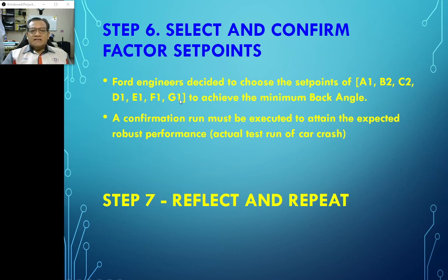Okay, so that is the best set point or the best set of trial and error experiment to achieve the minimum back angle. So after you have this, what you're going to do? So you have to set during the actual car crash with the actual Ford car, with the actual perhaps mannequin of the passenger at the back seat, and you set the set point at this parameter A1, B2, C2, D1, E1, F1, and G1, and put in the testing car, put the mannequin, and run the car at certain speed and make the crash.